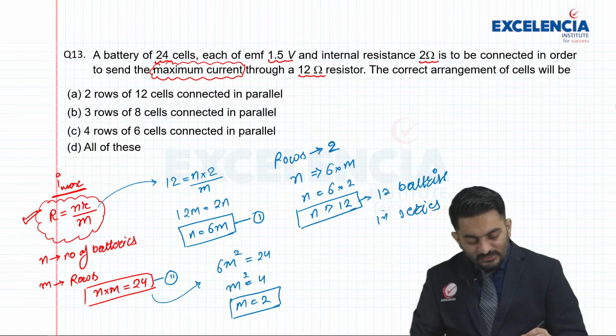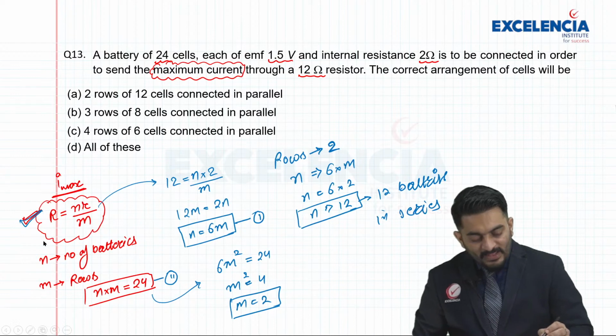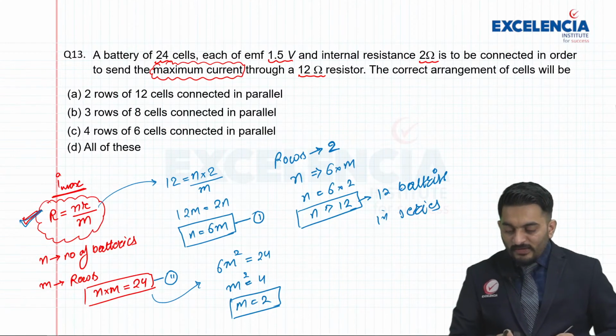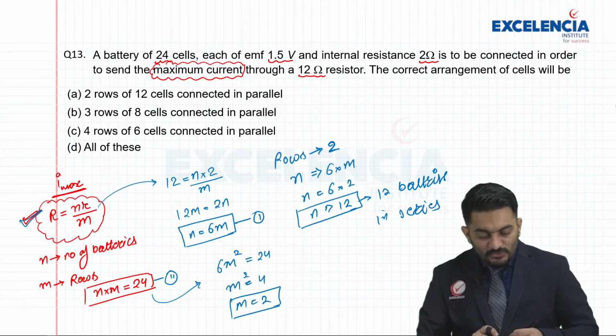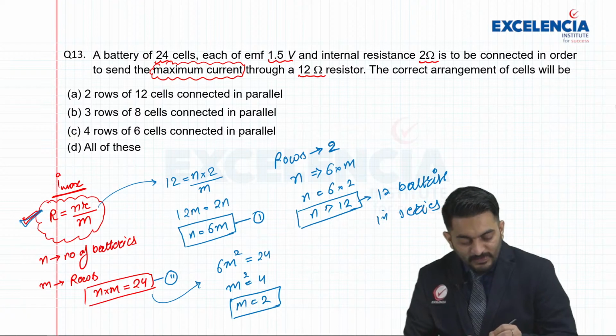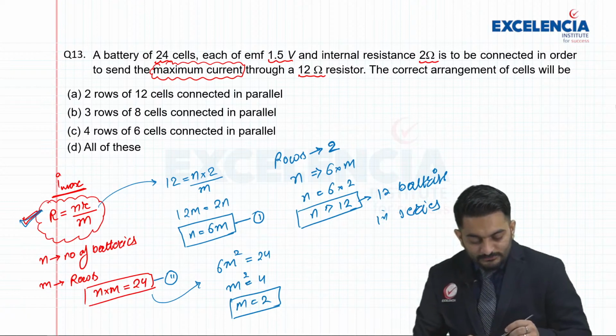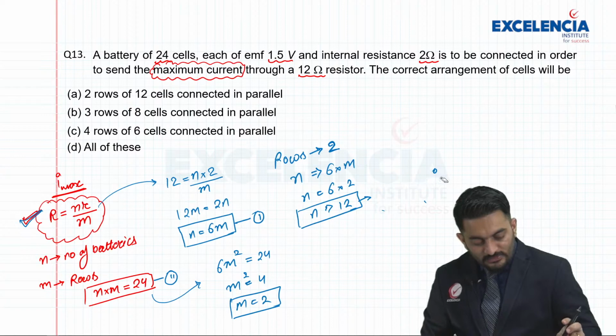The important formulas are the ones which I have made in the cloud, which you should know, and then relating n and m, I think now we are able to say what the right answer is. In this case, 2 rows of 12 cells connected in parallel. We have 2 rows and 12 cells connected in parallel, that is, n equals 12.